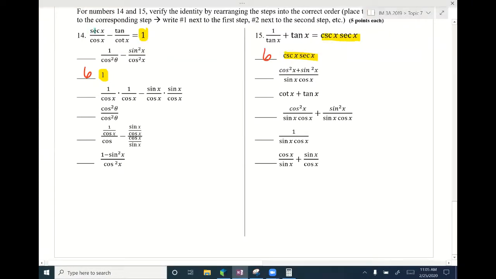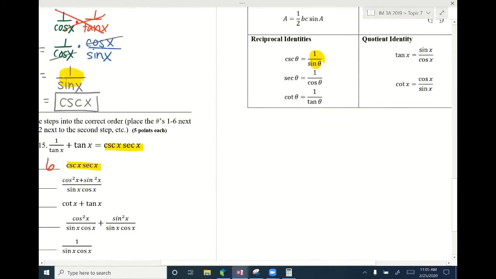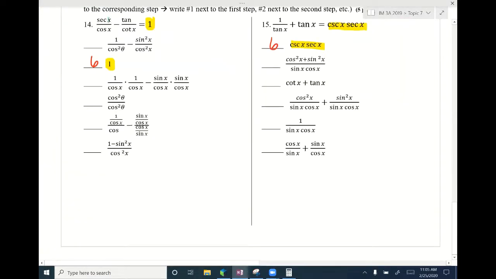So secant of x, if I think about my identities, is equal to 1 over cosine. So I'm looking for something that has 1 over cosine in place of this secant. Okay. So 1 over cosine in place of the secant looks like this one. So then let's check. Tangent is sine over cosine, so that's good. And cotangent is cosine over sine. So that means that this is actually the first step of my 6.